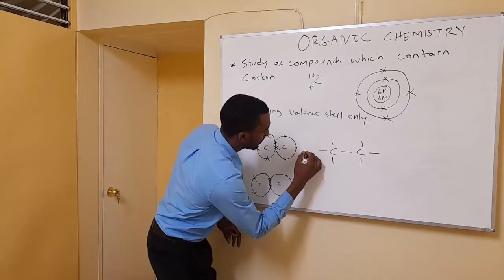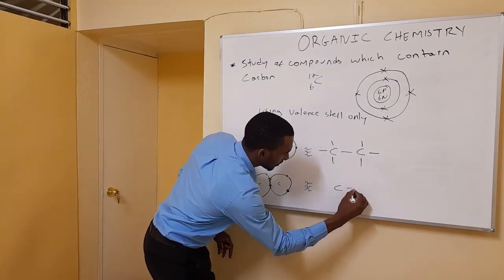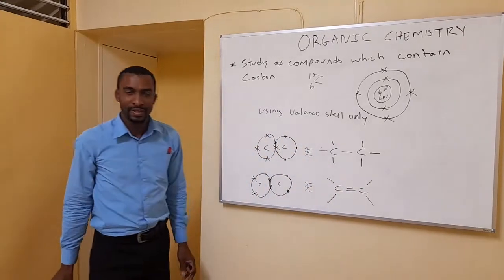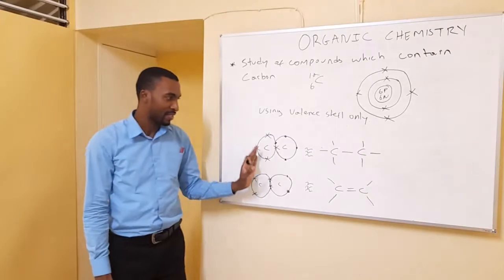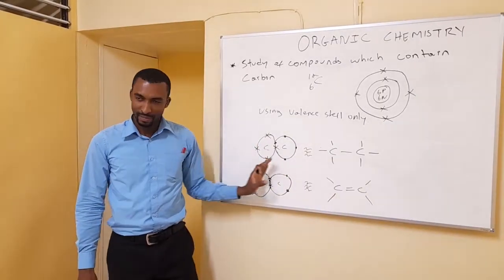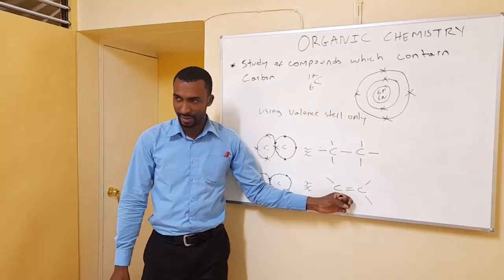This would be equivalent to a C double bond C. Following? I'm just moving from how we use the shells to this, because we're not going to really use these bonding diagrams in organic chemistry. We're going to use this and this.